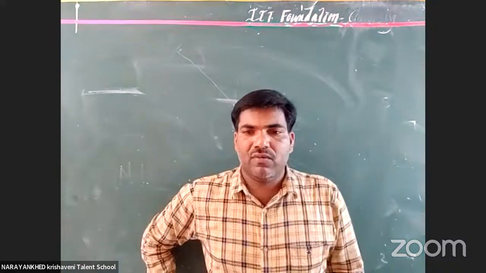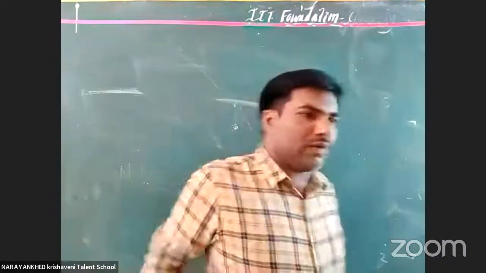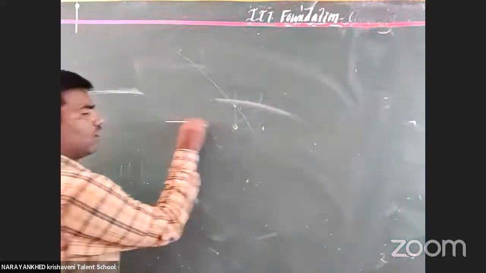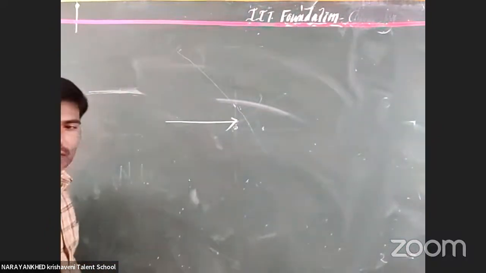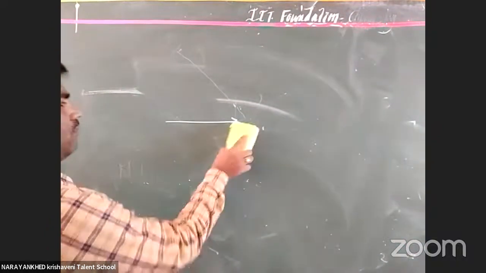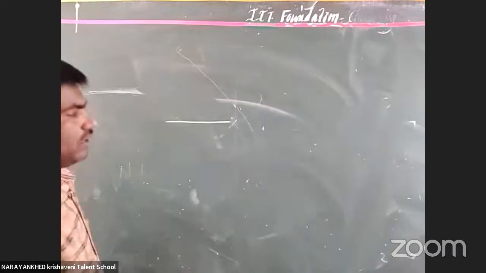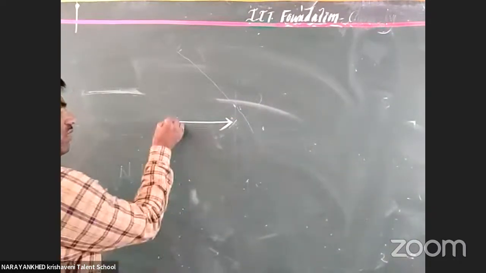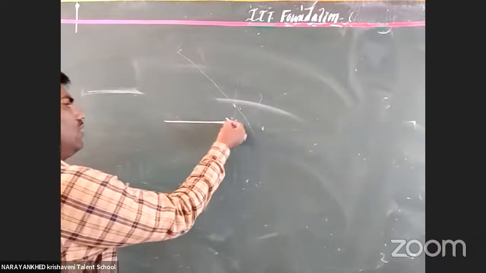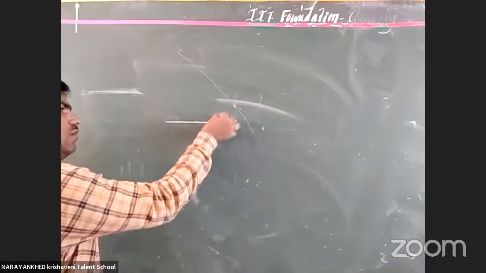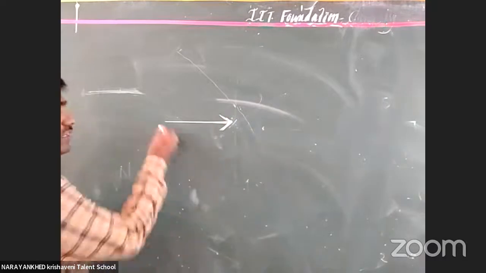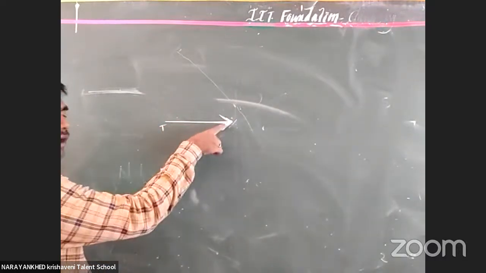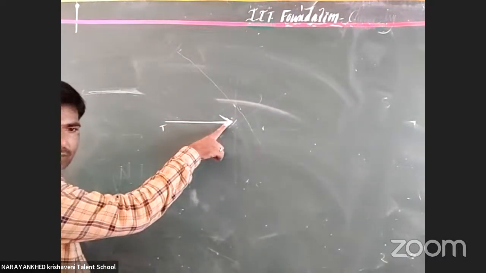Now, how to represent the vector? You know very well how to represent the vector. We draw one arrow mark like this on a physical quantity. This arrow has a tail and a head.